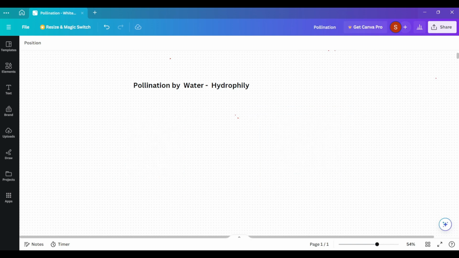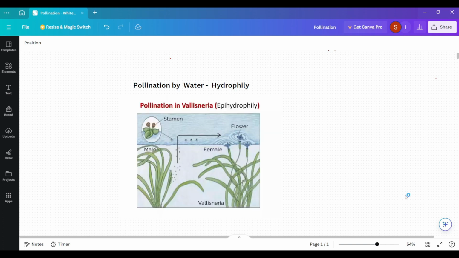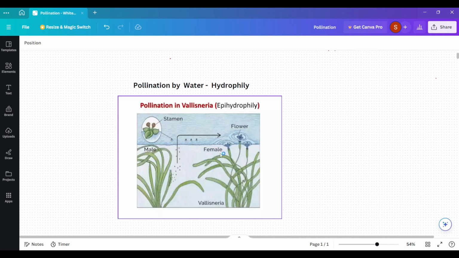Some of the water plants like Vallisneria, you can see here, have female flowers above the water surface. The male flower releases the pollen grain, or sometimes the male flower itself separates out from the inflorescence and moves passively along with the water current, reaches the female flower and gets pollinated.